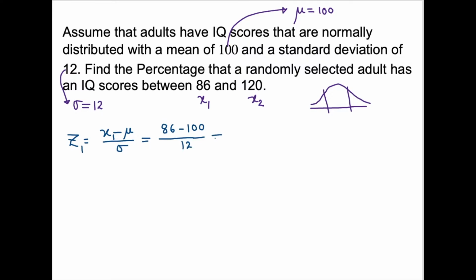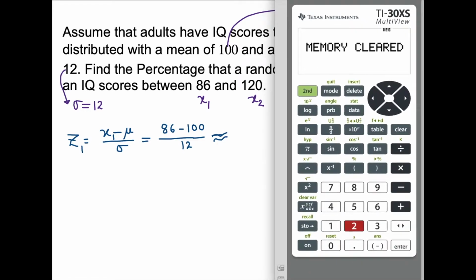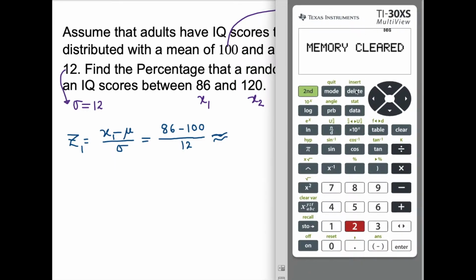If I use my calculator, let's take a look at what comes up. I'm going to show you how to use it, and also how to get this answer if you don't have this calculator. In this case, this is a fraction, which is the safest way to do it. Use the n over d template: 86 minus 100, scroll down and type in 12, and make sure you go to the right and press enter.